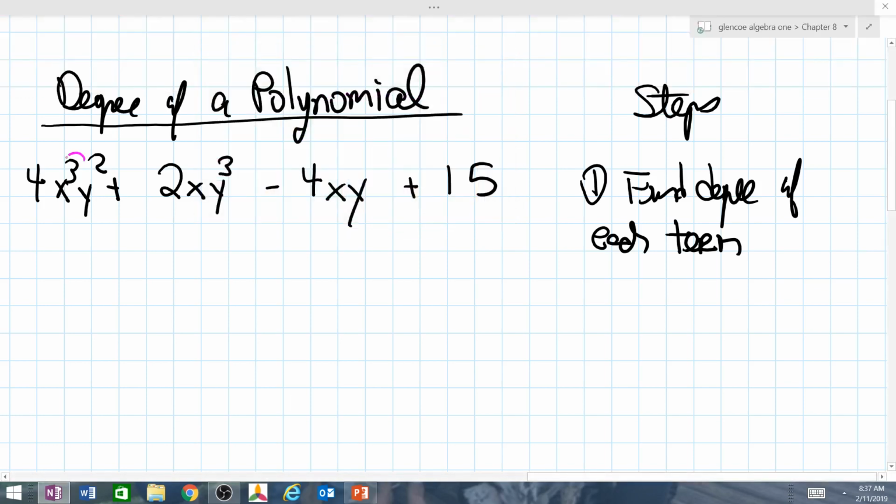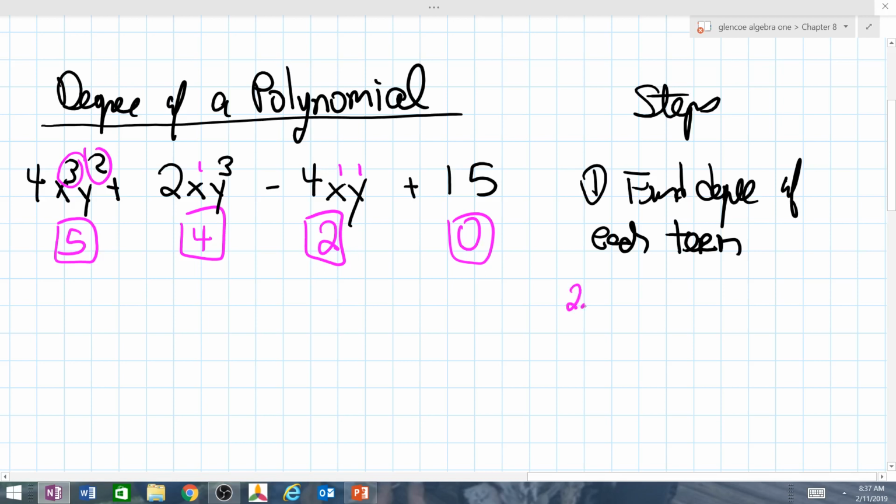So the degree of the first term would be 2 plus 3 or 5. The degree of the second term would be 1 plus 3 or 4. The degree of the third term would be 1 plus 1 or 2. And the degree of the fourth term would be 0. So you find the degree of each term. Which term has the greatest degree?